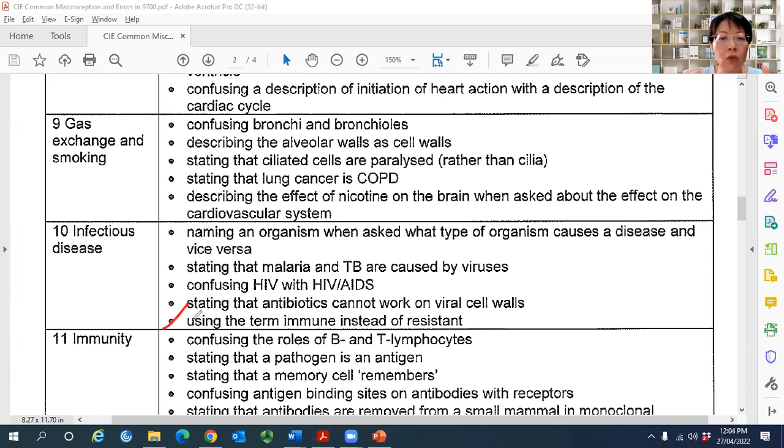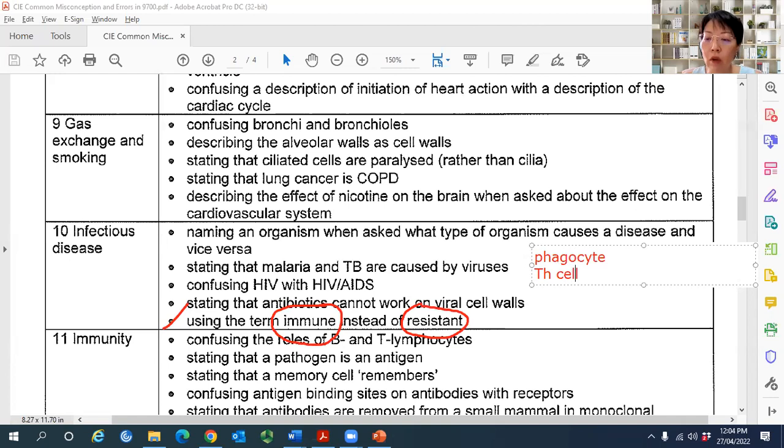Using the term immune instead of resistant, this is where students might use these two terms interchangeably. I already said in biology, each word got its own meaning, cannot use interchangeably unless you go pasar malam. Okay, immune means what? Immune in our bodies involves the phagocyte that phagocytoses, right? After that, you got the T helper cell, clonal selection, clonal expansion.